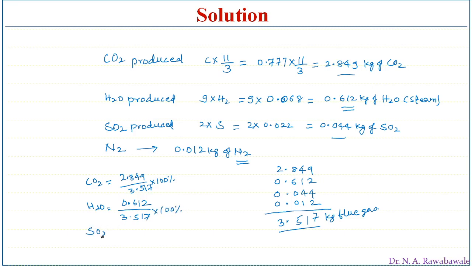Sulfur dioxide produced, flue gas analysis on mass basis can be obtained here: 0.044 divided by 3.517 into 100%, and then nitrogen in the flue gases is 0.012 divided by 3.517 into 100%. So this gives us the flue gas analysis on the basis of mass.